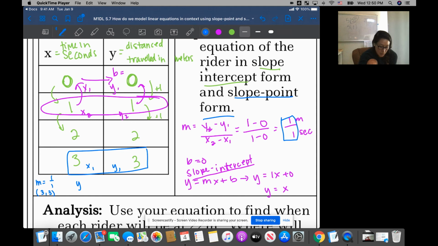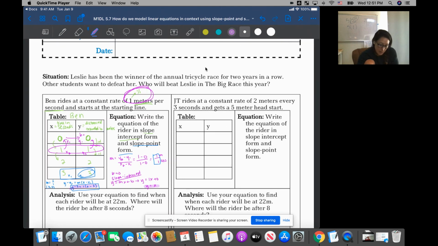So slope-point is y minus y1 is equal to the slope times x minus x1. I get y minus 3 for my y1 is equal to 1 times x minus 3. And this is one possibility for your slope-point. Okay, so let's go ahead and look at the next rider.